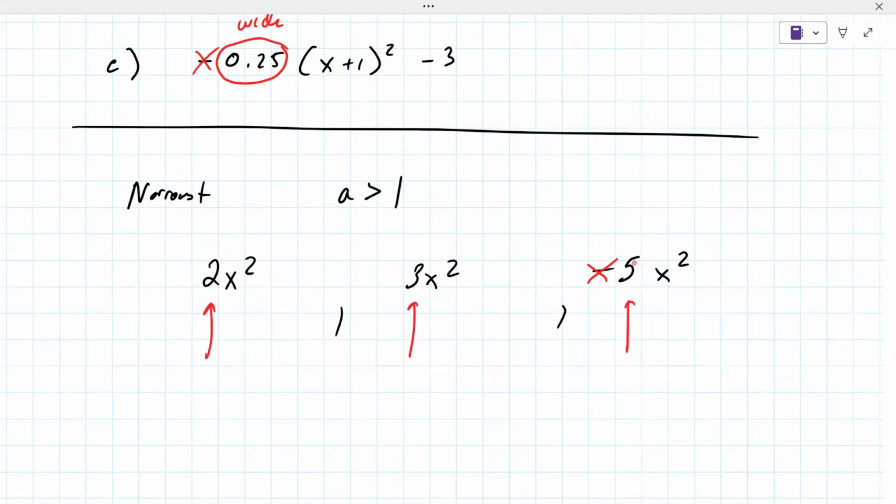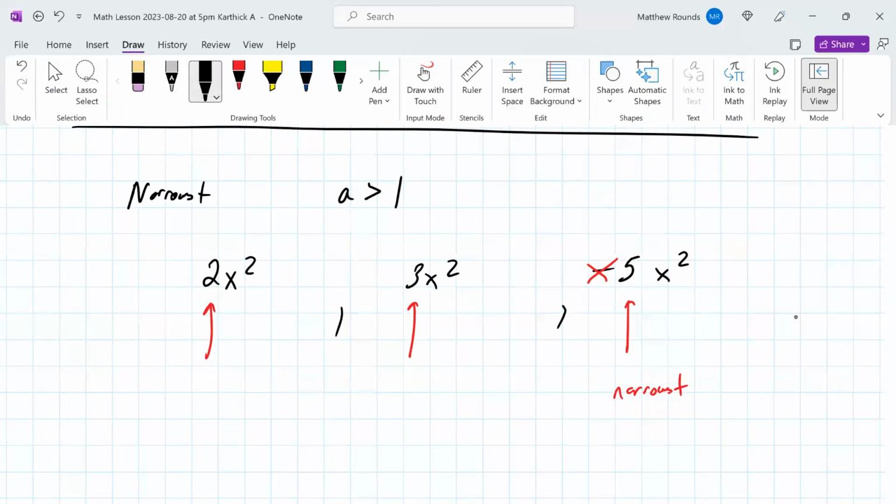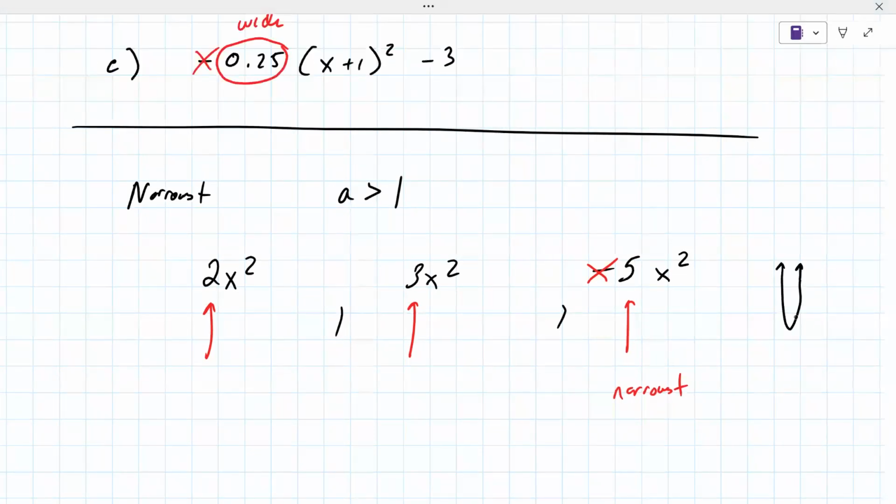So this is the narrowest of them all. What I mean by that is, sort of, the distance between it. Got it. Yeah, that makes sense.